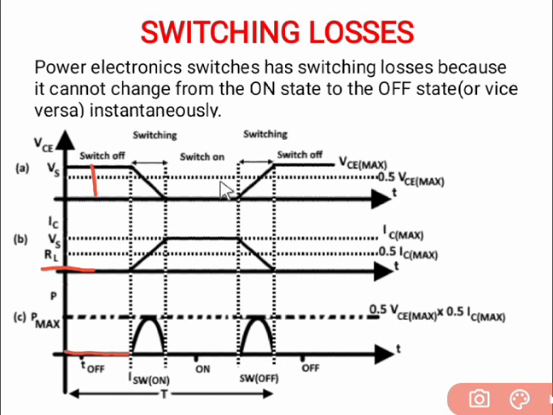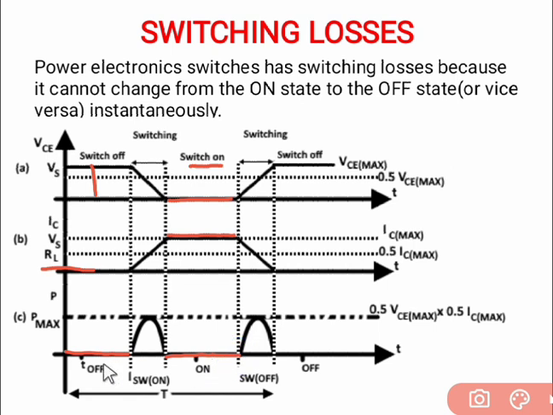If we apply gate signals, and assume that the device is in the fully on condition, that means the switch is on, so the voltage across the switch is reduced to 0, but the current is flowing fully. So if we multiply those two values, the voltage across the switch and the current flowing through the switch, we get 0.